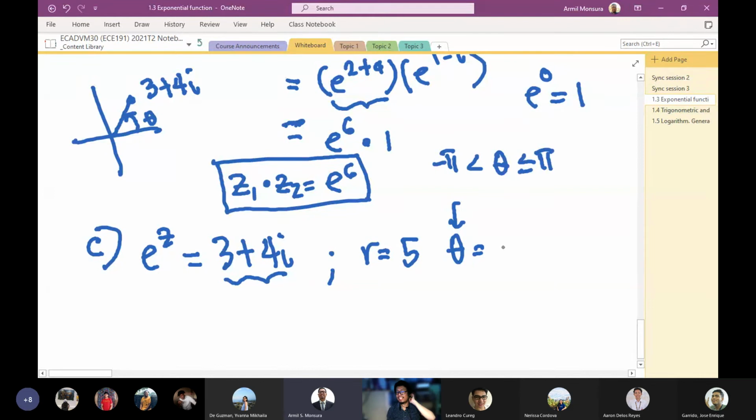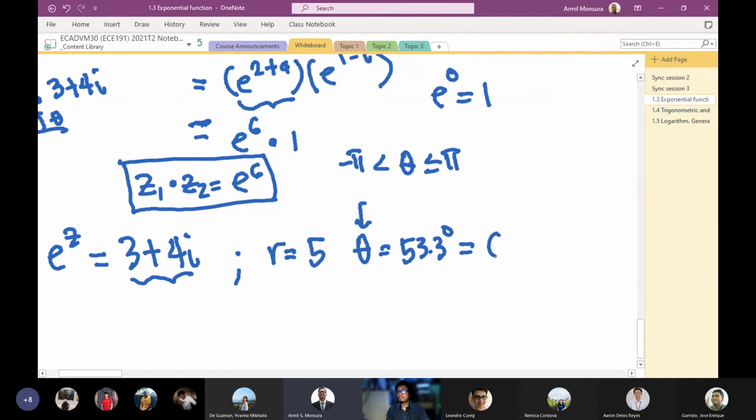So that is 53.13 degrees, but in radians, that should be 0.93. But here's the thing.